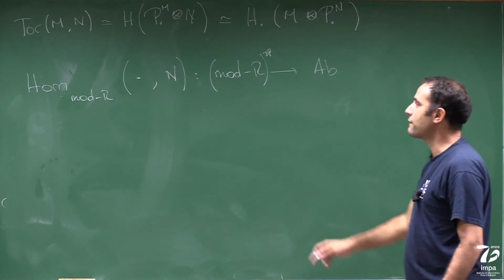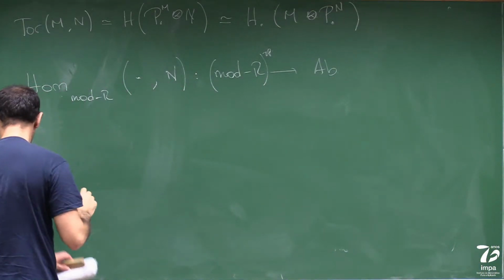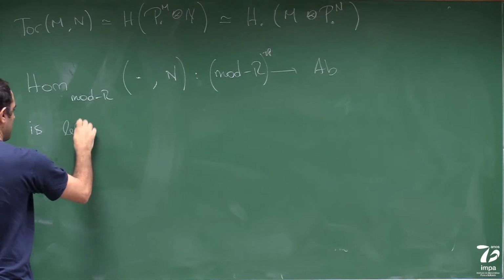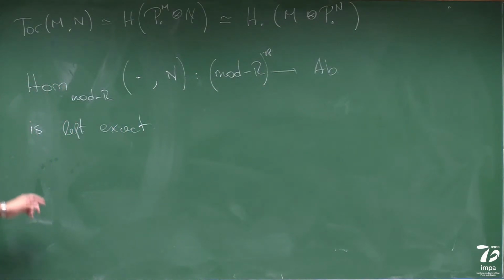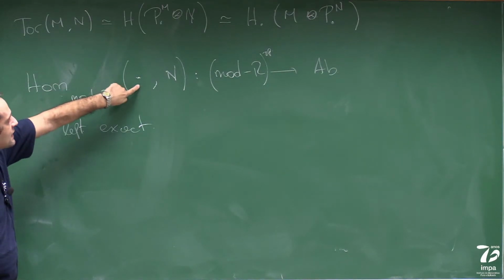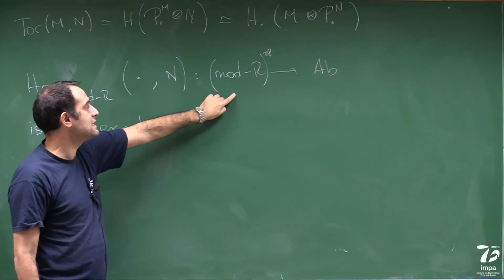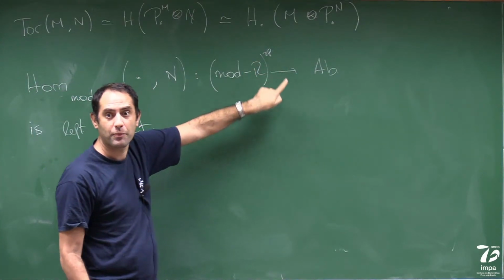So now I need to take an injective resolution. This is still left exact. But that means, therefore, that if I want to compute the derived functors of these guys, then I need to take an injective resolution of this object in this category. And that means the same thing as taking a projective resolution of this guy in the category without taking the opposite.